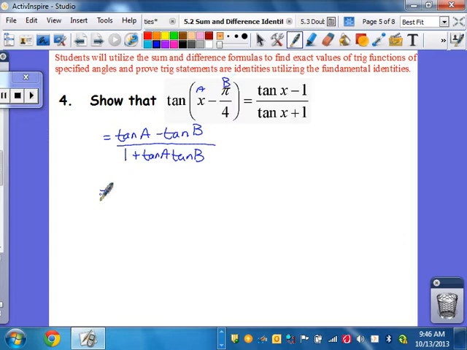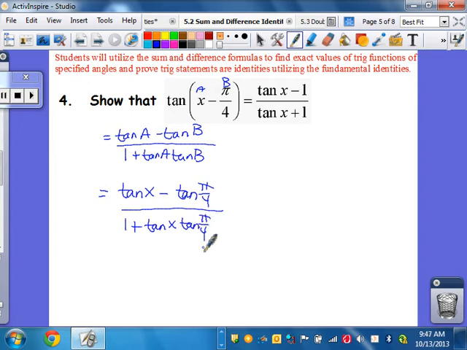So if I dump all this in, tangent of A, so that's tangent x minus tangent of pi over 4, all over 1 plus tangent x tangent pi over 4.